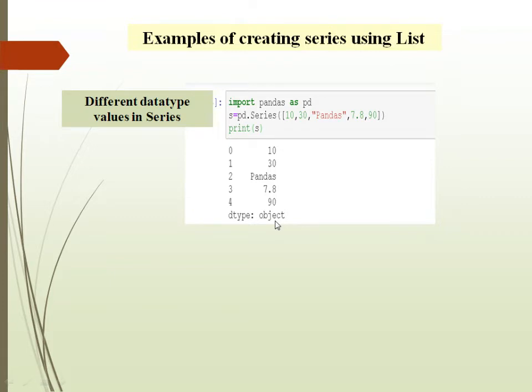Clear? Heterogeneous means different types of values. Homogeneous means similar types of values. So when different types of values are there, it uses object as the data type. And when similar types of values are there, it will use that data type here. Clear?